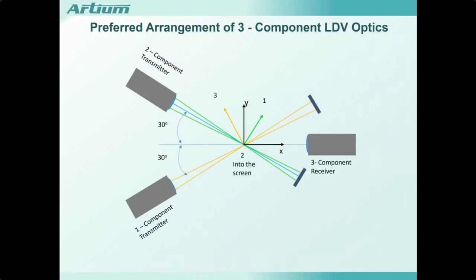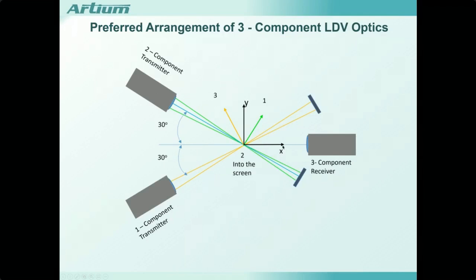And then based on my earlier discussion and our experience, we typically set up a 3D system in this type of arrangement. We'll have the 2D transmitter at 30 degrees off the axis of the receiver, and the 1D transmitter 30 degrees opposite to it.